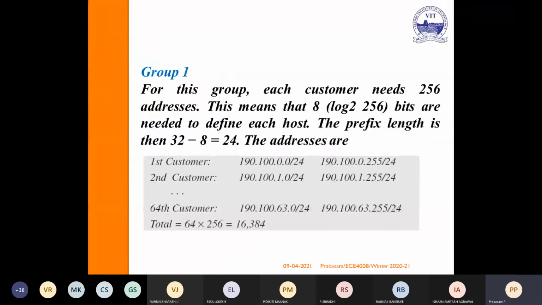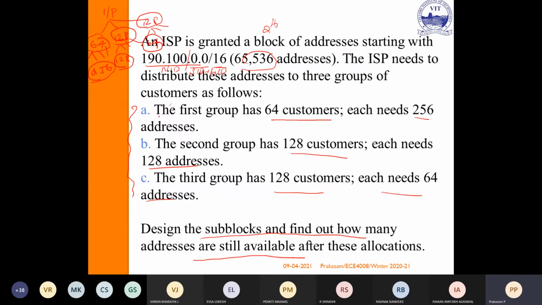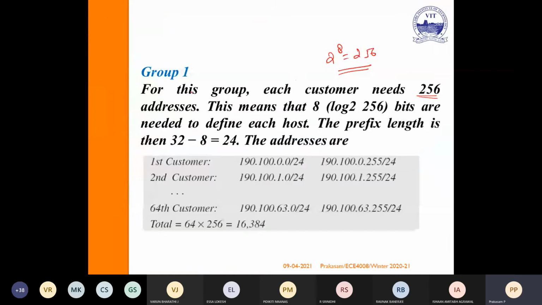We have to check. The first one: each customer needs 256 addresses, so 2 power 8, 256. Out of the remaining 16 bits, I am using 8 for subnet and 8 for host.